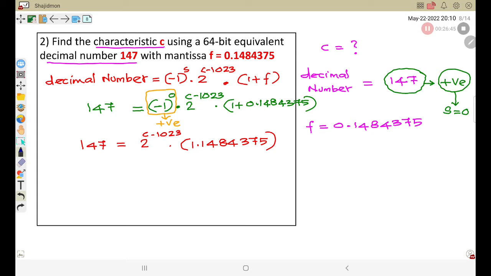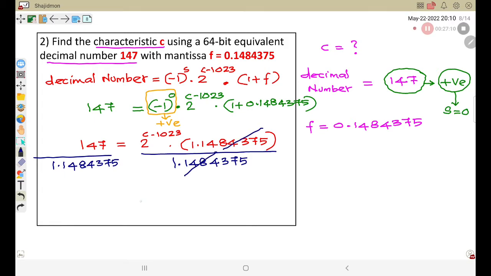Okay. Now see, we need to find the c number from here, correct? So we need to cancel this 1.1484375; only then can we get the c number. So divide both sides by 1.1484375 so that we can cancel this term.